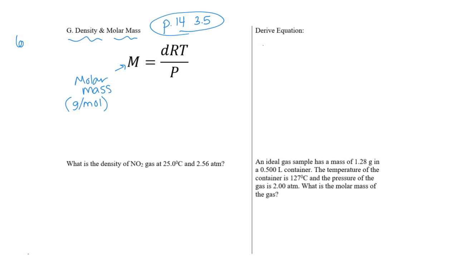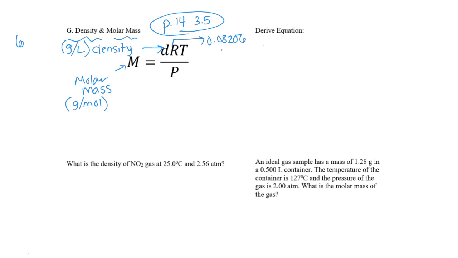And our D in this equation is going to represent density. Now, the tricky thing about density here is that it's going to be in grams per liter. The reason for that has to do with our R value, which I'll talk about in just a second. Normally, we deal with density in grams per milliliter, but because of our gas constant, remember R from our ideal gas law is 0.08206.